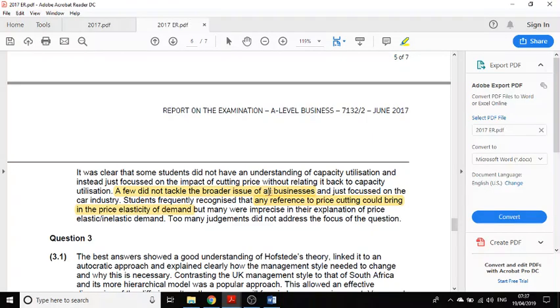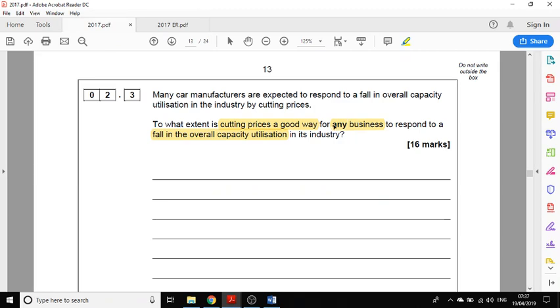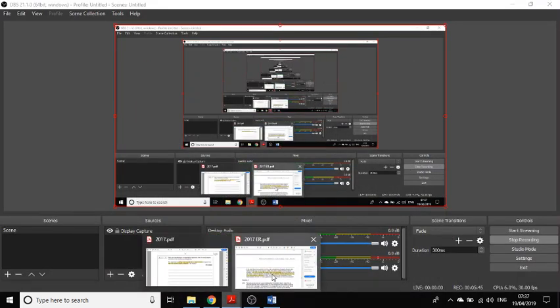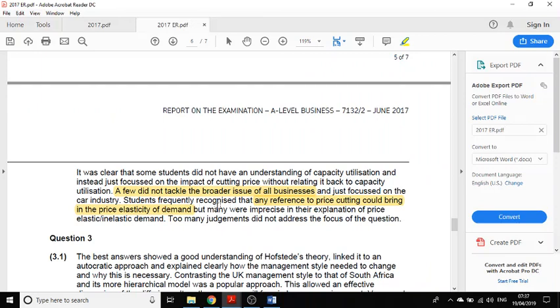They didn't tackle the broader issue of all businesses. Remember, AQA have written in bold here that it's any business that you need to answer on. Students frequently recognise that any reference to price cutting could bring in price elasticity of demand, but many were imprecise. So, any question that talked about price cutting, a good model to bring in is price elasticity of demand.